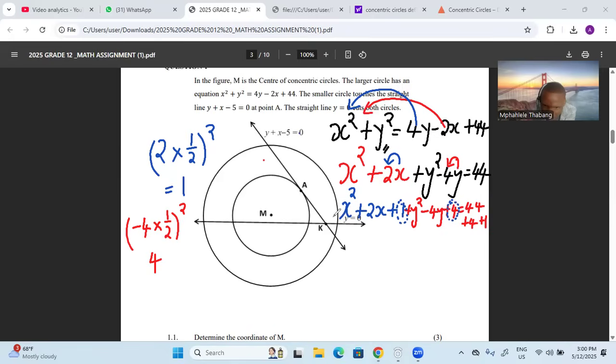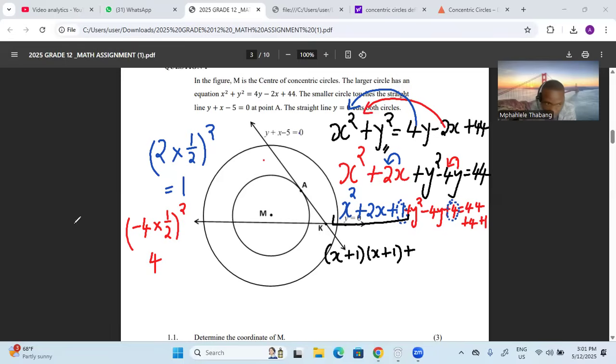This x squared plus 2x plus 1, these three terms form a quadratic expression which can be factorized. If you factorize x squared plus 2x plus 1, you will notice that we have x plus 1, x plus 1. Plus, now let's go to y squared minus 4y plus 4.